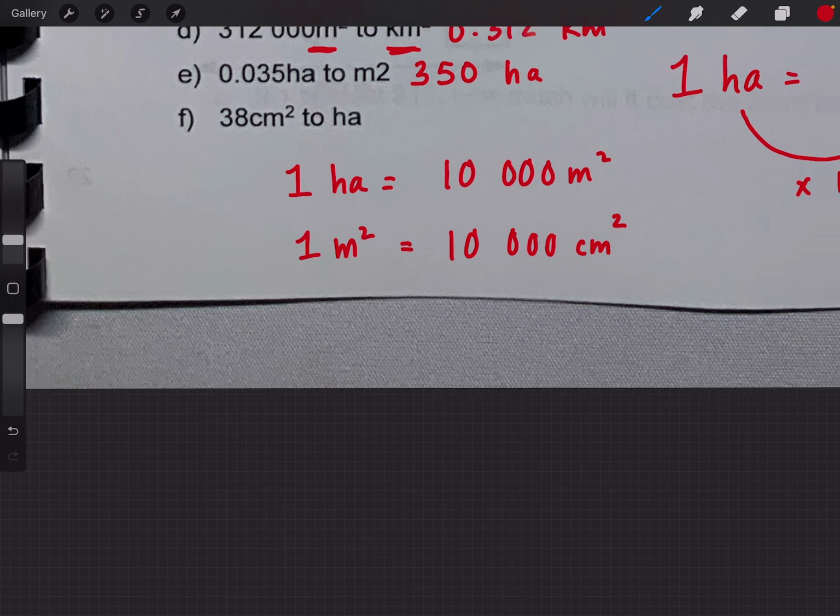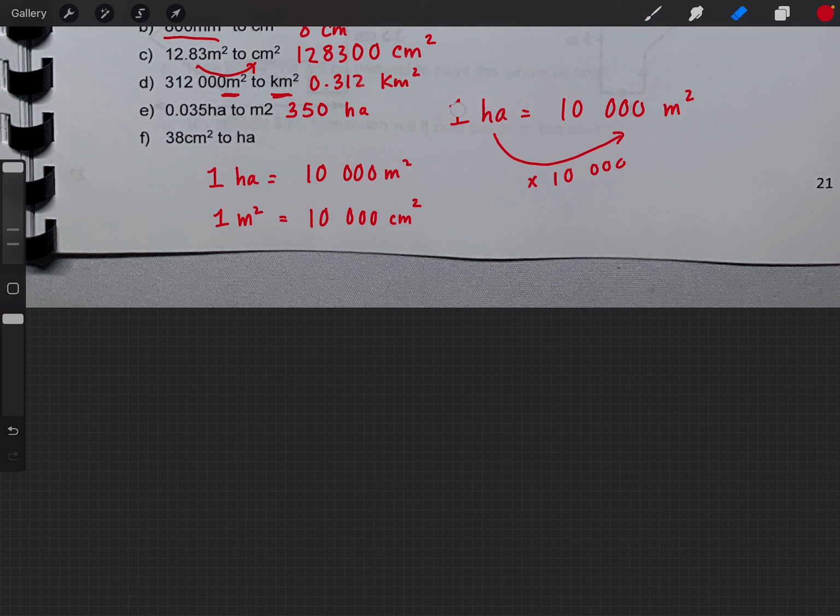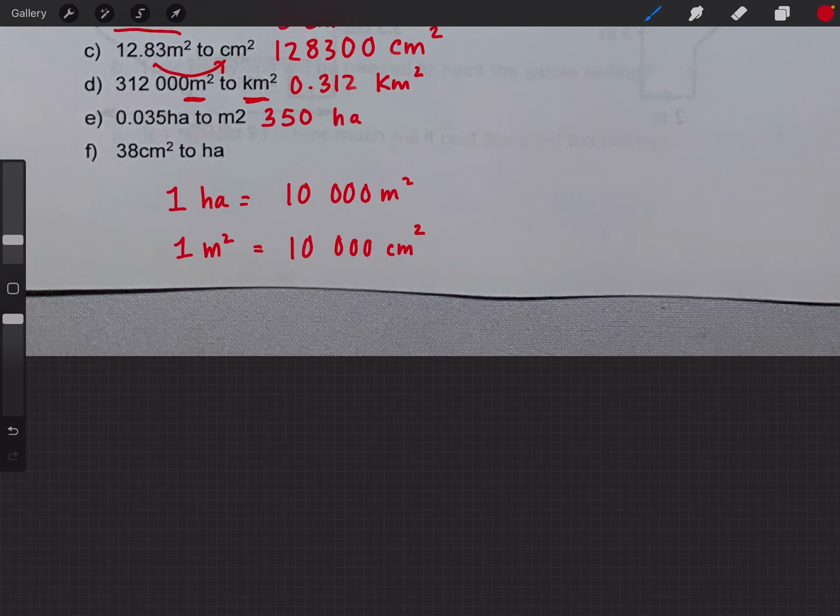Centimeters squared. Alright. Let me just double check that. So 1 hectare. Yep, that's correct. So that means that 1 meter squared is 10,000. You got 10,000 meters squared, so you multiply. You're gonna get 1 with how many zeros? 8 zeros. 1, 2, 3, 4, 5, 6, 7, 8. This will be centimeters squared.